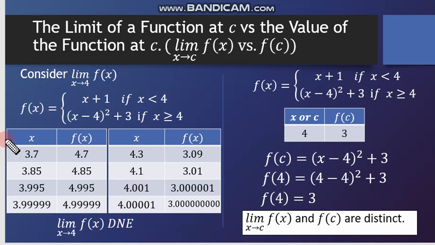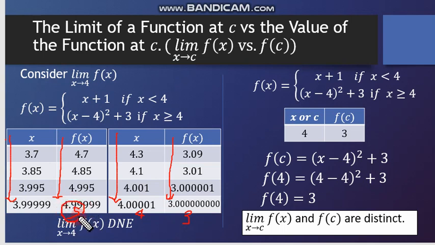By constructing a table of values on the left side and right side, we can see that as x approaches 4, the value of f of x approaches 5 at the left side, while as x approaches 4 at the right side, the value of f of x approaches 3.